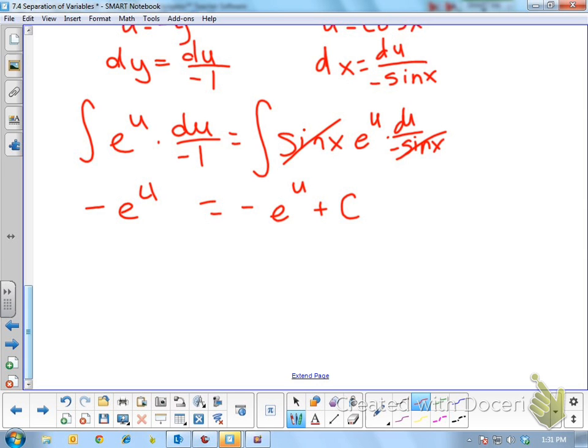And we have to replace back in. What did we say u equaled when we were working with our y values? Negative y. And then on the right side, what did we say u equaled when we were working with our x's? Cosine x.